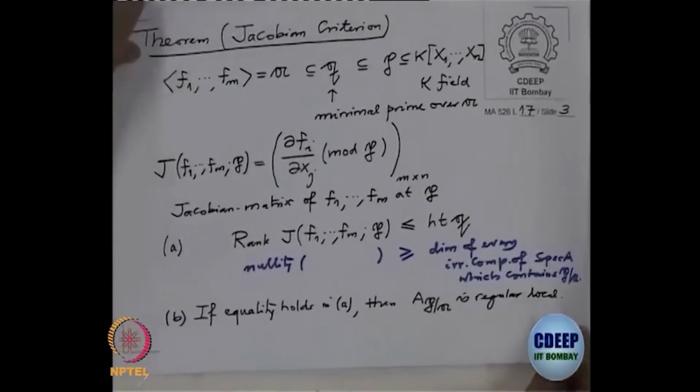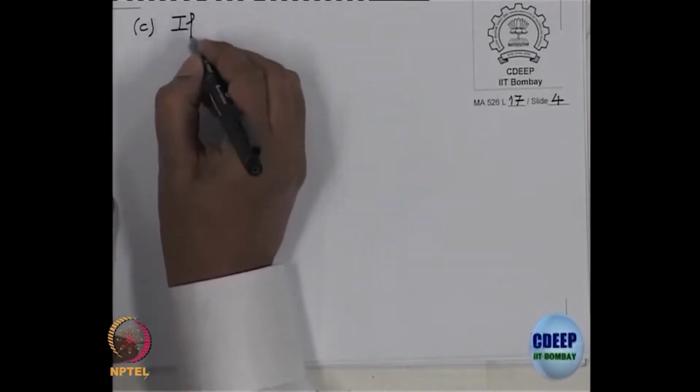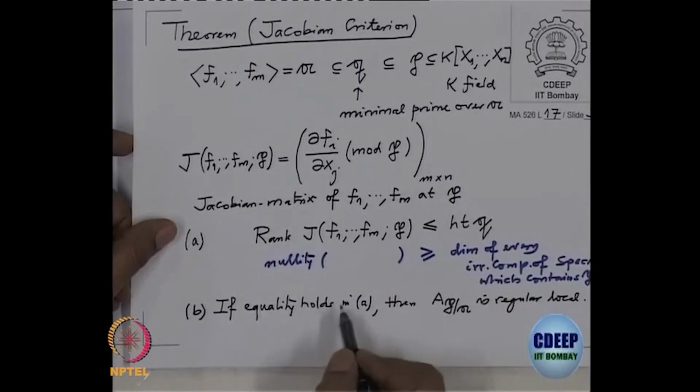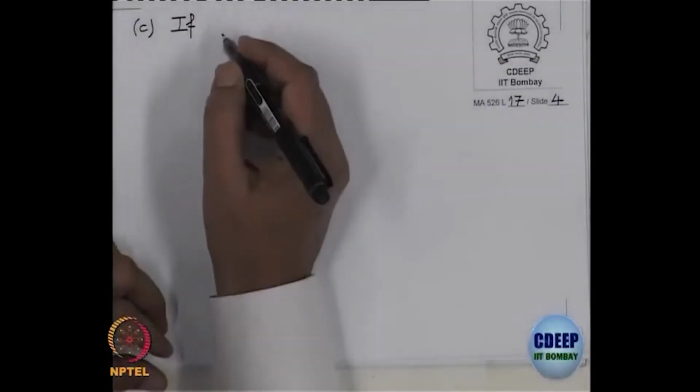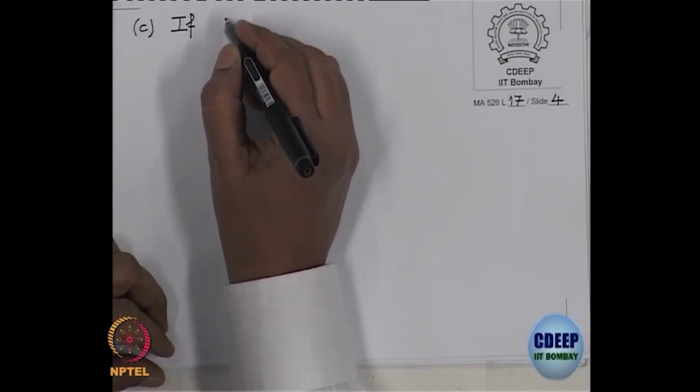So C part says, actually one wanted to write here if and only if. One would like to have equality holds if and only if the ring is regular local, but that does not always happen. It depends on the base field, whether the base field is separable or perfect or not.